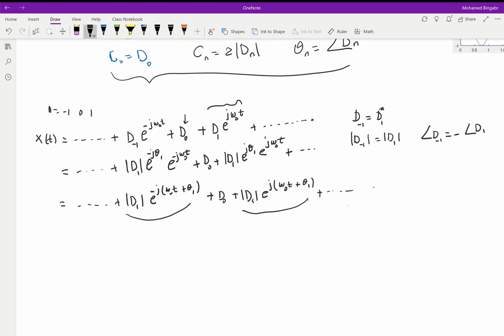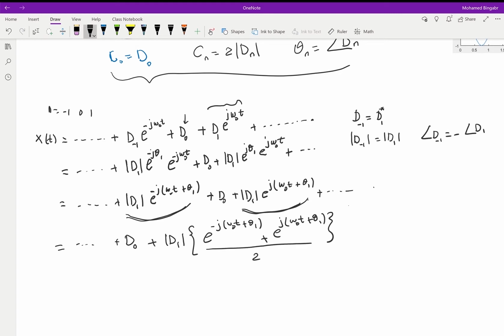And D0, I will bring it just here, and I will combine these two terms, and this will be the magnitude of D1 times e to the minus j (omega 0 t plus theta 1) plus e to the j (omega 0 t plus theta 1). Now if I divide this by 2 and multiply here by 2, then this can be 2 times the magnitude of D1. Now this whole thing here is cosine. Use the trigonometric identity. And here this term is just C1.